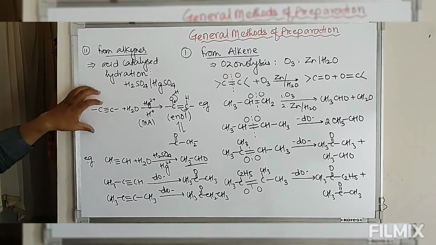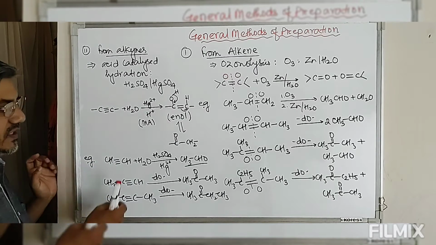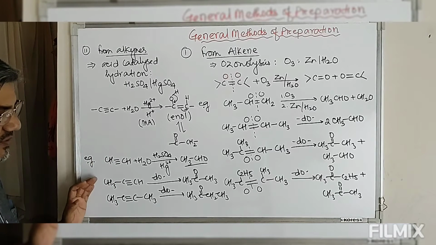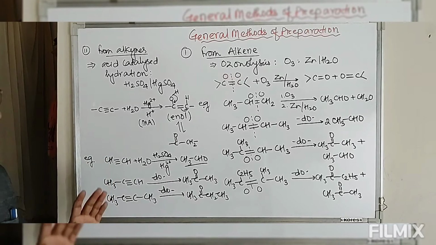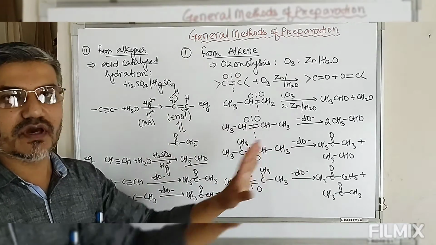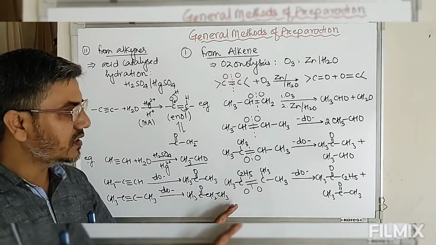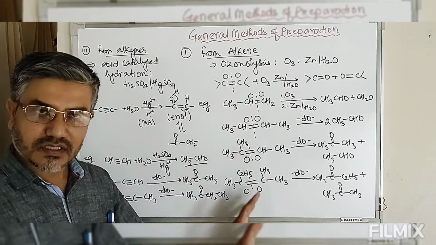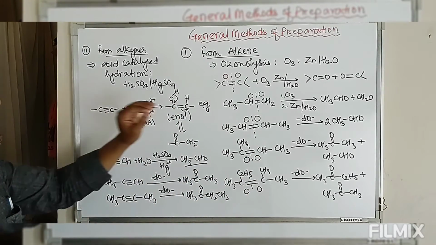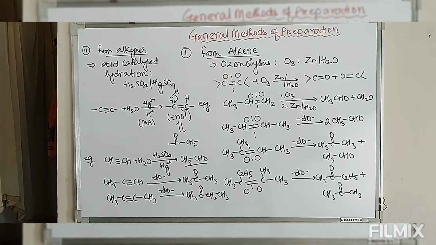So from this alkyne, only one alkyne gives you aldehyde, that is acetylene, whereas the rest of the alkynes on hydration always give you ketone. But in case of alkene, we may have aldehyde or we may have ketone depending on the substituent pattern in the doubly bonded carbon. So this is the method from alkene and alkyne.